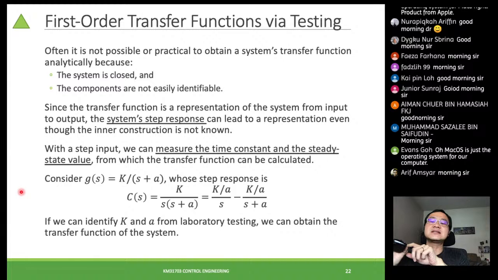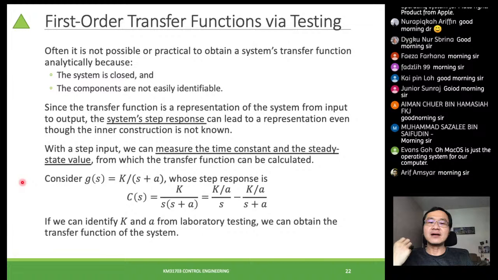Either you can analytically solve it, or another way is you use empirical methods, meaning you do a test, and this is how you can obtain the transfer function of it.